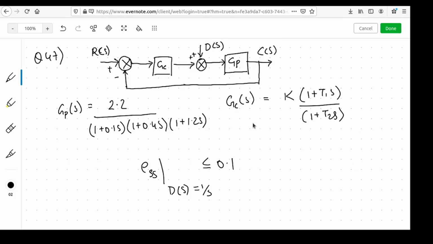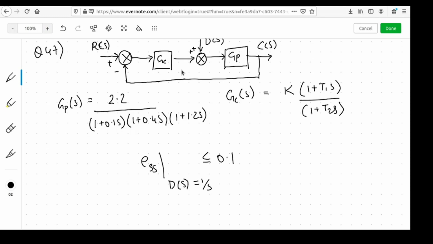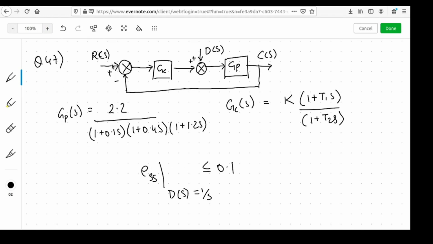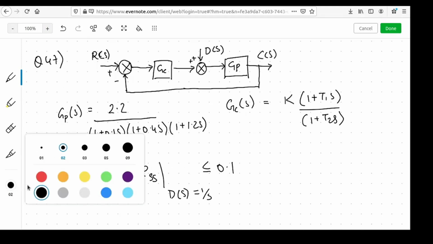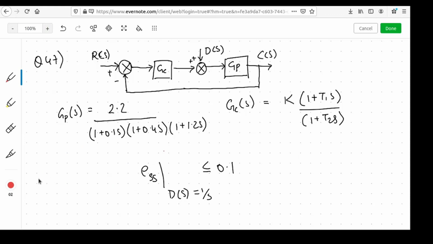So let us look at what the output of the system is to the disturbance input. For that, we have to find the transfer function T of s divided by D of s. So we'll set R of s to 0 so that we can find the output with respect to only the disturbance input. Let me redraw the block diagram again, setting R of s to 0 so that things are much clearer.